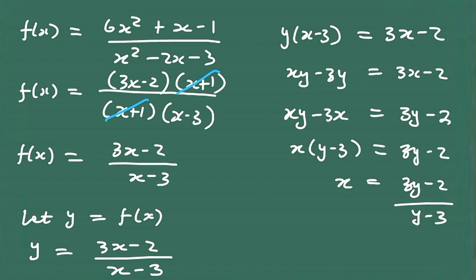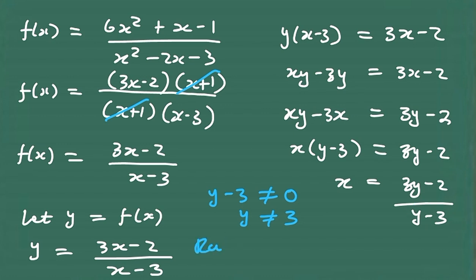Now, to find the range, this is the inverse function, the inverse of the function f of x. So if we have to find the range, we can say that y minus 3 should not be equal to 0, and the value of y should not be equal to positive 3, because if y takes the value of positive 3, the function will become undefined.